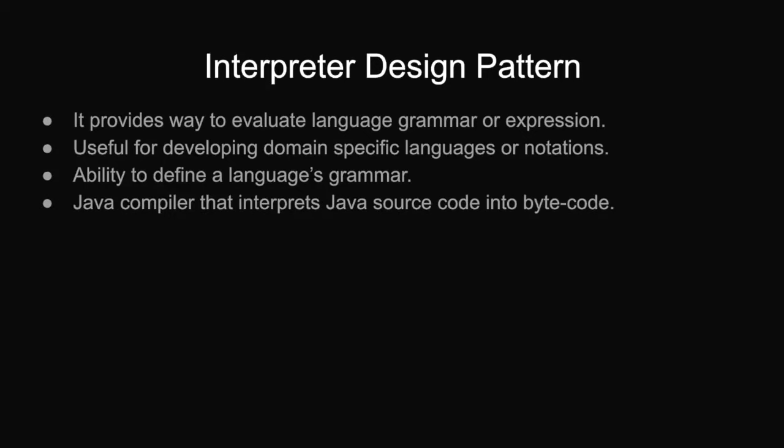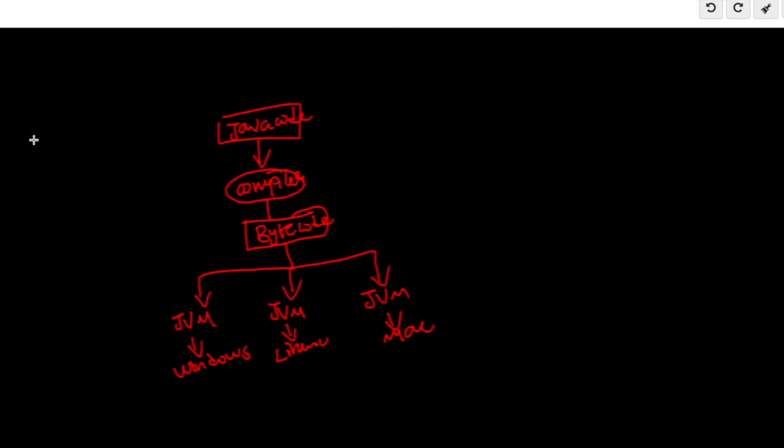And then the Java compiler interprets Java source code into bytecode. In our daily life we use an interpreter in Java itself, because Java code is converted into bytecode by the compiler. Here the compiler is acting as an interpreter which converts the source code to bytecode, and after converting to bytecode, it can be consumed by any number of JVMs, Java virtual machines.